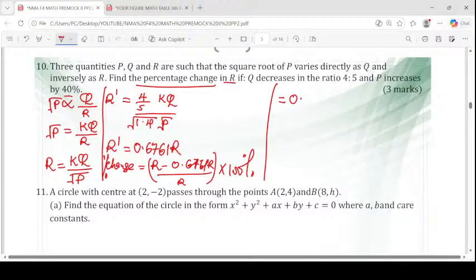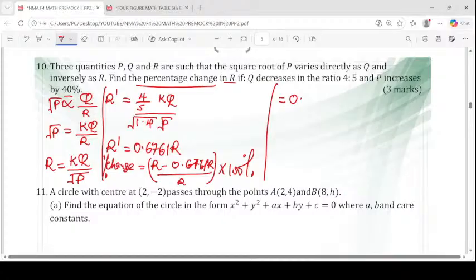Find the percentage change. In fact, it should be the new R minus the old R. But anyway, even this one is still correct. Is it really 0 point when you multiply by 100?